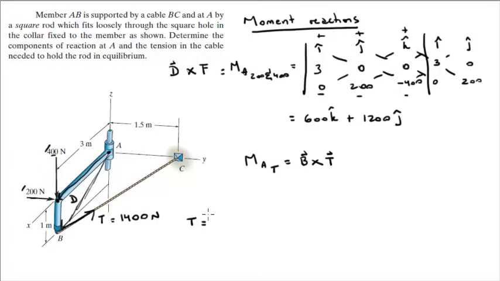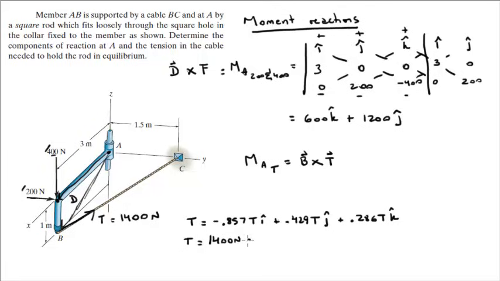So to find the Cartesian vector form of the tension, remember we know from before that it looks something like this: negative 0.857 times the magnitude in the I, plus 0.429 times the magnitude in the J, plus 0.286 times the magnitude in the K. And you know that the magnitude is equal to 1400 newtons.